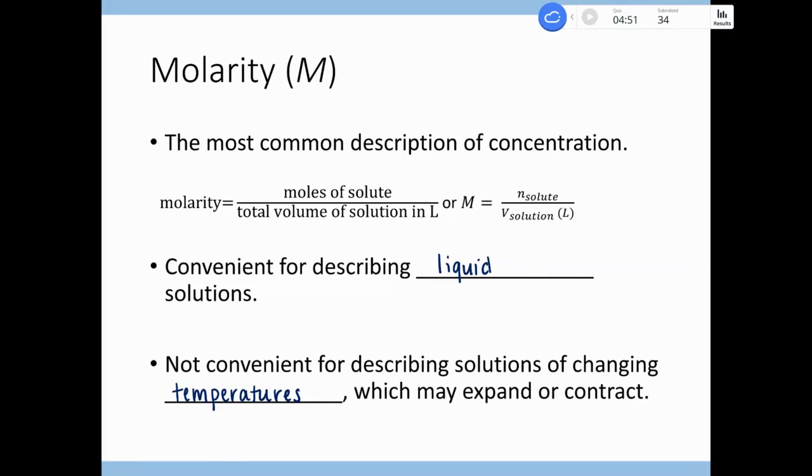So if you have a solution at one temperature and calculate its molarity, and then take that same solution, nothing's added or leaving, but you increase the temperature significantly, the volume of the liquid will change and you'll have a different molarity. So usually molarity is described at room temperature, and if you're changing the temperature of a liquid, this is not convenient.